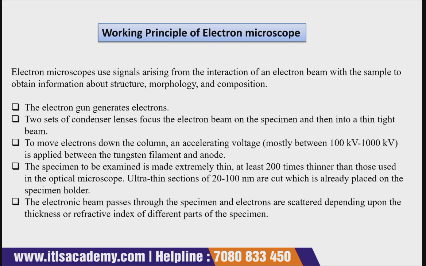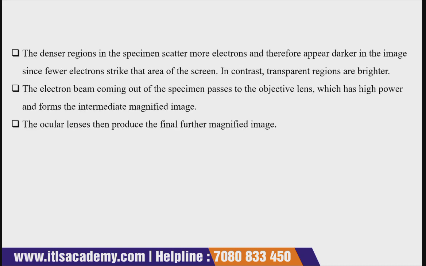The electron beam passes through the specimen and the electrons are scattered depending on the thickness or refractive index of different parts of the specimen. So the specimen that is used should be very thin, like 200 times thinner than those used in the optical microscope.